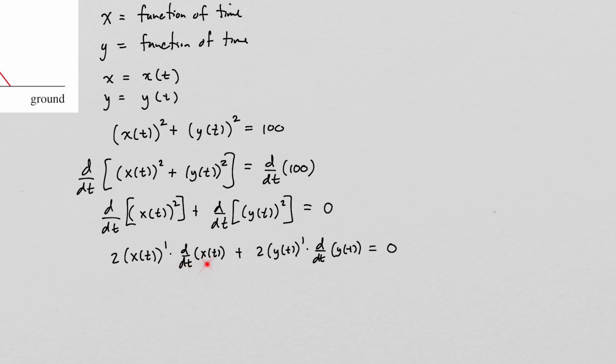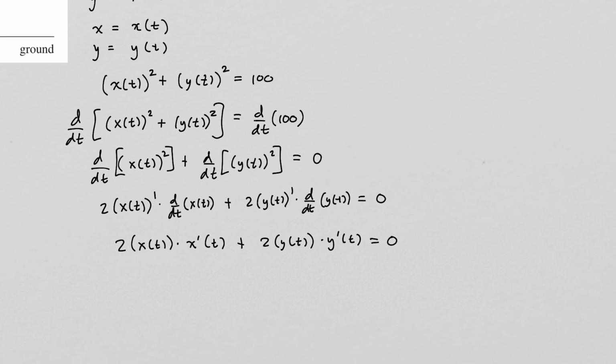And of course, the derivative of x of t with respect to t is simply x prime of t. So we get 2 times x of t times x prime of t plus 2 times y of t times y prime of t, the derivative of y of t with respect to t, is equal to 0.